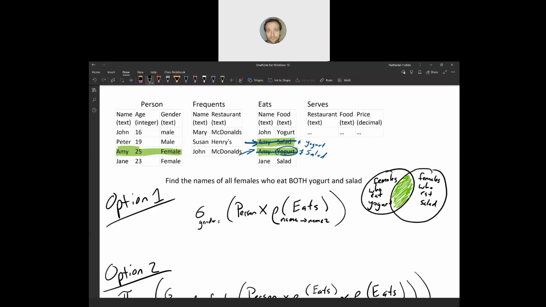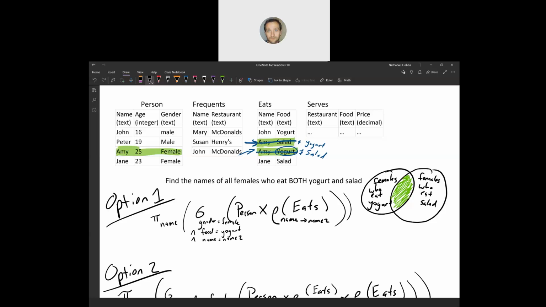And then I guess it's like and then parentheses. Oh no, wait. Females who eat yogurt. So and food equaling yogurt. And then another and name equal to name 2. Yep. And then parentheses around all that, and then project the names.